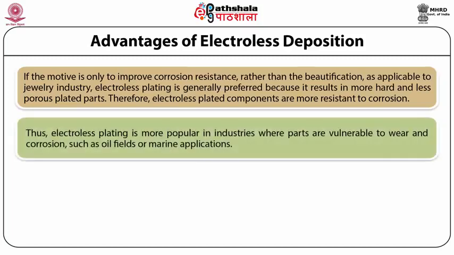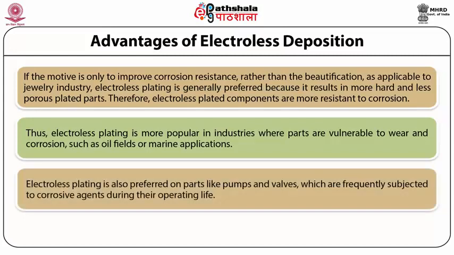Thus, electroless plating is more popular in industries where parts are vulnerable to wear and corrosion, such as oil fields or marine applications. Electroless plating is also preferred on parts like pumps and valves, which are frequently subjected to corrosive agents during their operating life.